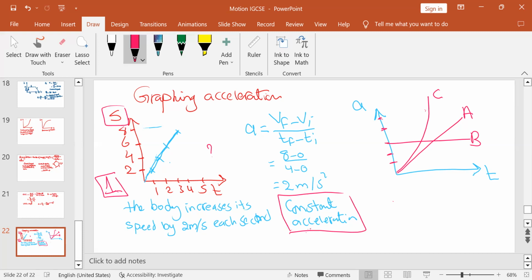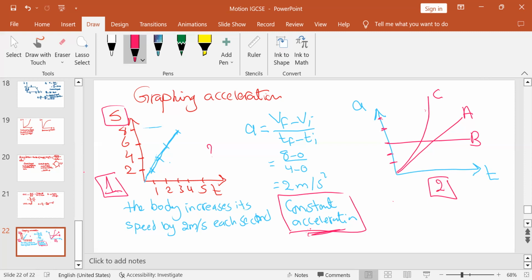Okay? Now graph A on graph 2: is the acceleration in A increasing or not? It's constant, right? The question is about graph 1, where we said the body is increasing its speed with constant acceleration.